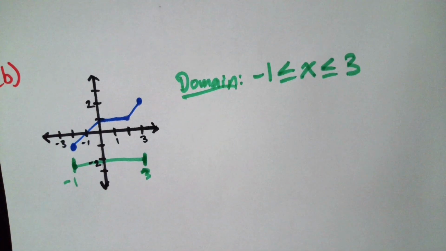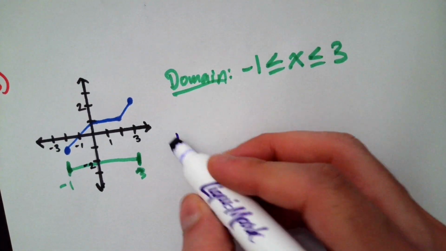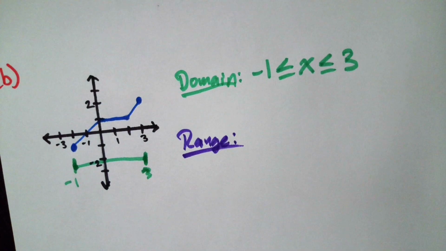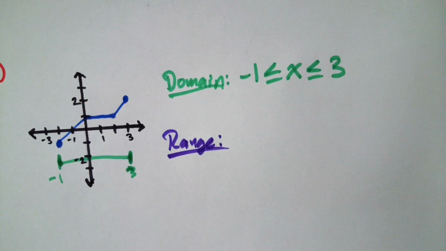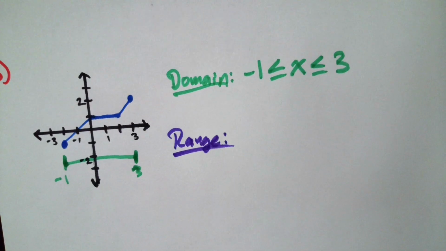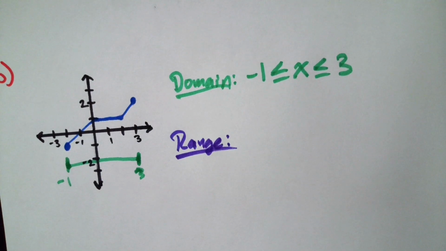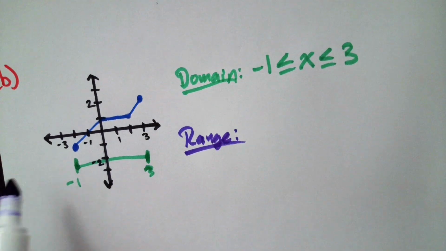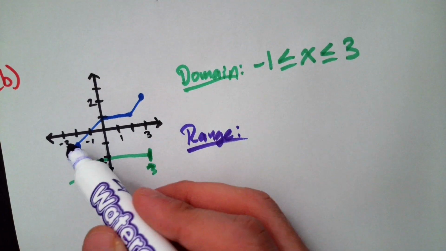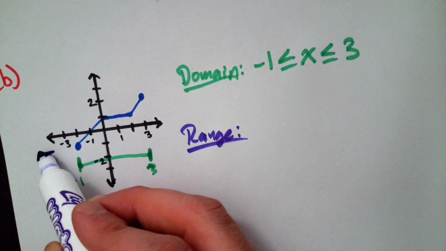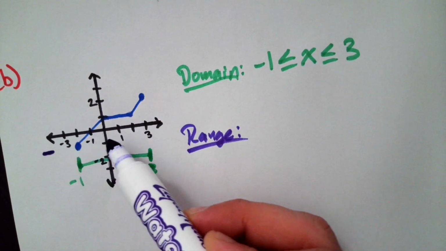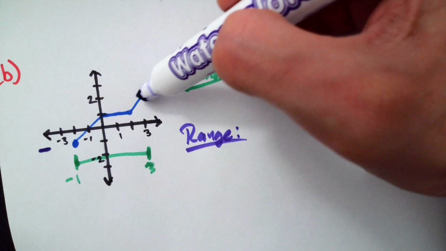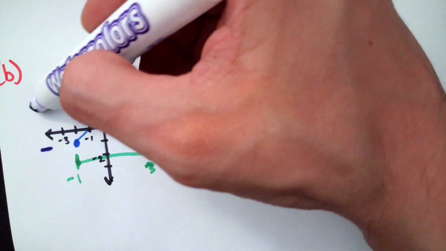And then my y, which is my range, is going to be something similar. We want to figure out what is the lowest y value that is present in the graph, and then what is the highest. So I can see that whatever this one is the lowest. It's right here. It looks like that's -1 here, down here. And then it goes all the way up to 2.